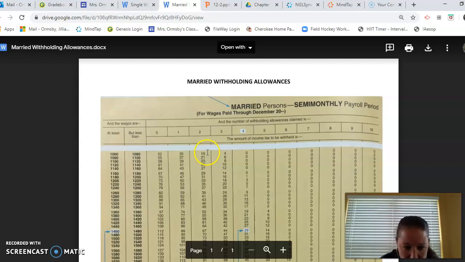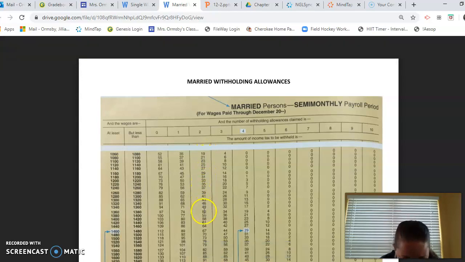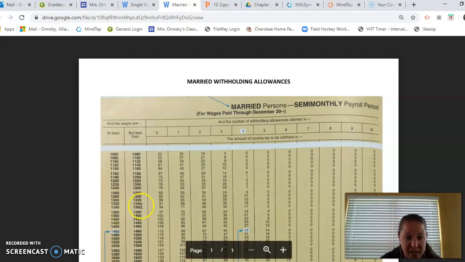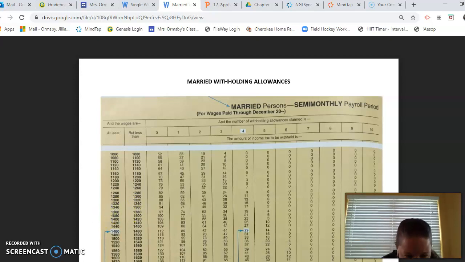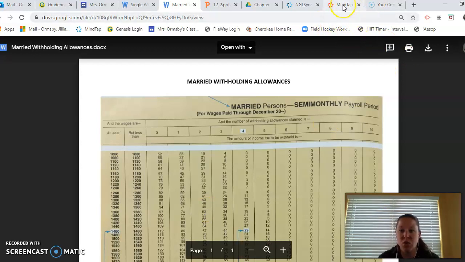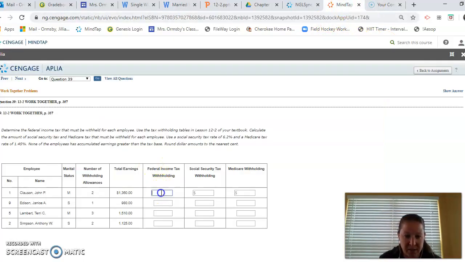So we have 2, and then we're going down to $1,360. Now you'll see that $1,360 shows here and here. But if it shows up in 2 columns, this is at least or but less than. If it shows up in 2 columns, we're going to use the column to the left. So 1360, find the intersection for 2. That's $52 that needs to be withheld from his federal income tax withholdings, okay?